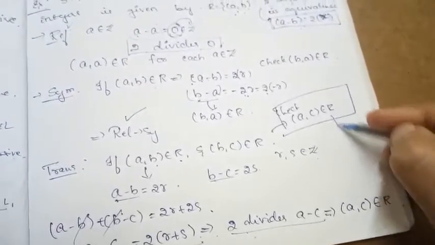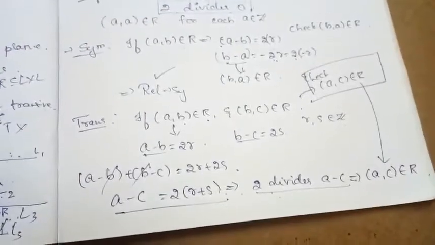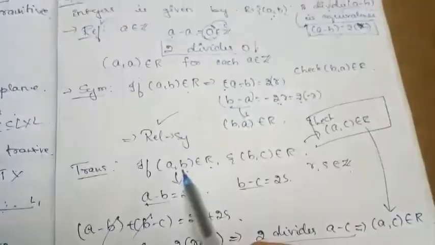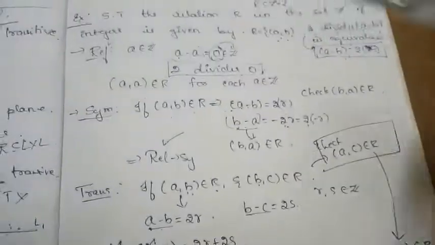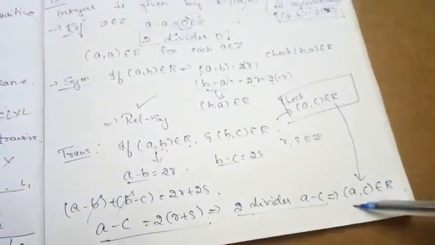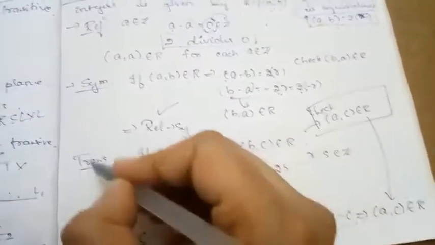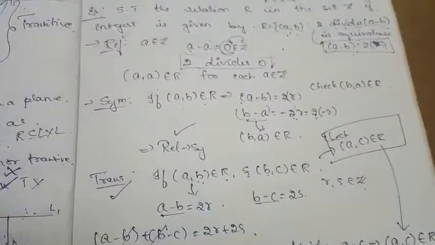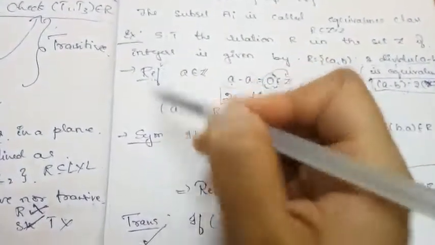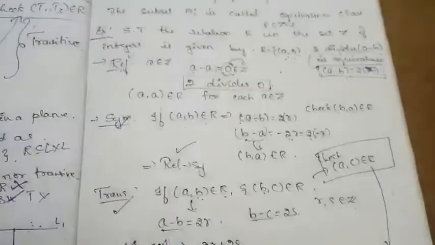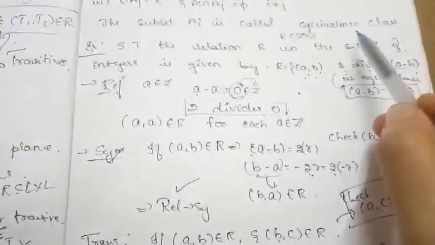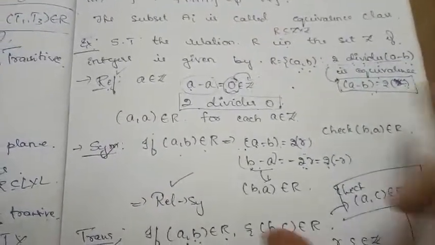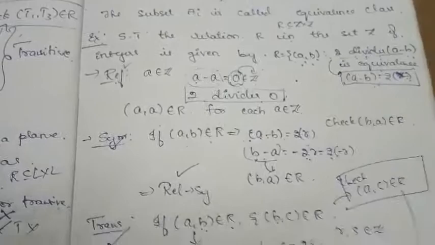This is what we needed to check, and we got that (A, C) belongs to the relation. So clearly if (A, B) and (B, C) belong to this relation, then (A, C) also belongs to the relation. So the given relation is transitive. The relation is reflexive, symmetric as well as transitive. So the relation is an equivalence relation. This is what we needed to show, and we have shown it.